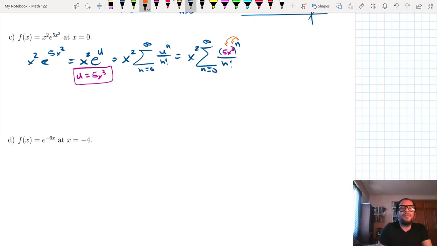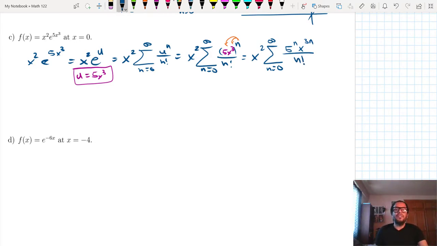Power of another power, multiply powers, so 5 to the n. I know there's this x squared still to do some work to. We will get there. So this will be 5 to the n, x to the 3n, power of another power, multiply the powers, divided by n factorial.